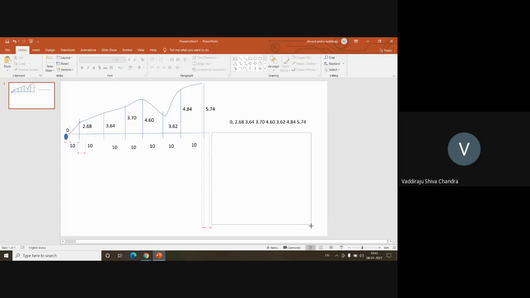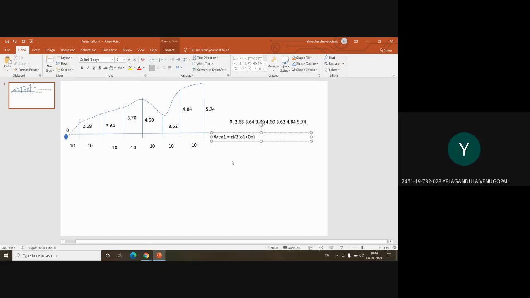What is area 1? Area 1 is equal to, what is the equation? D by 3 multiplied by, what is Simpson's rule? O1 plus ON, divided by 2, plus 4 times of the even ordinates.